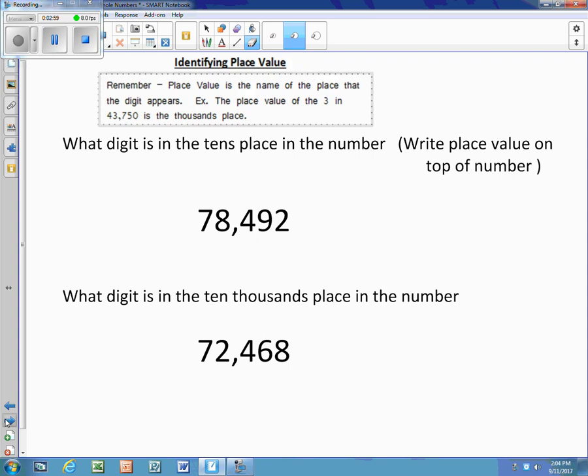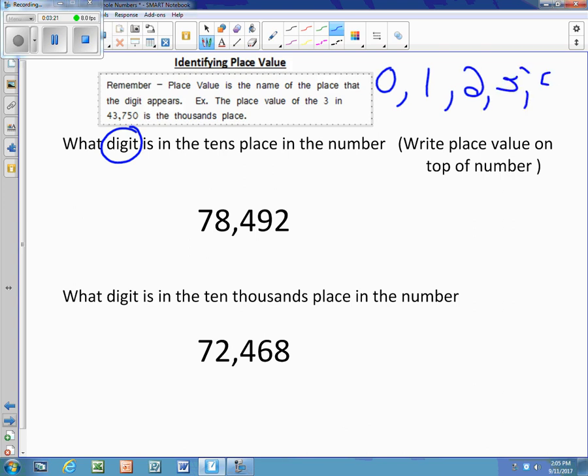So now we're going to talk about place value and we want to find place value. So it says what digit is in the tens place? Well, the first thing we need to do is we need to discuss what a digit is. A digit is a single number from 0 to 9. So that's a digit, 2 is a digit, 3 is a digit, 4 is a digit, 5 is a digit, 6 is a digit, 7, then 8, then 9.